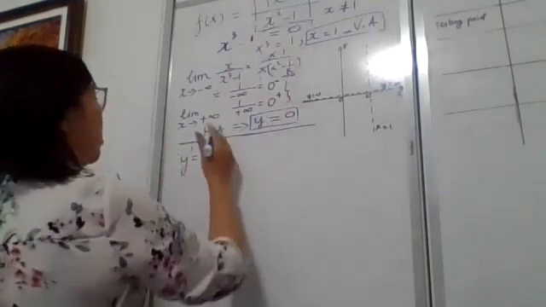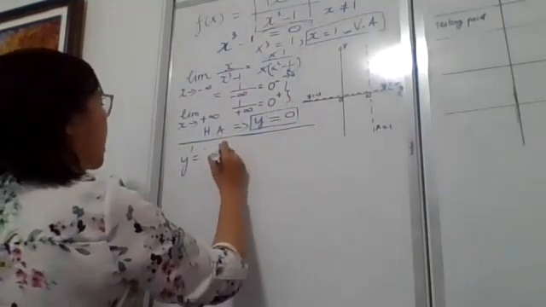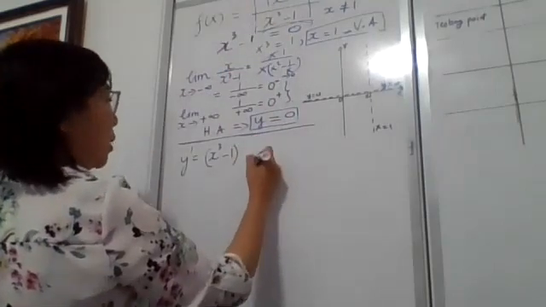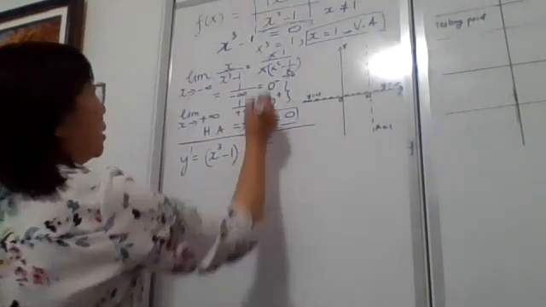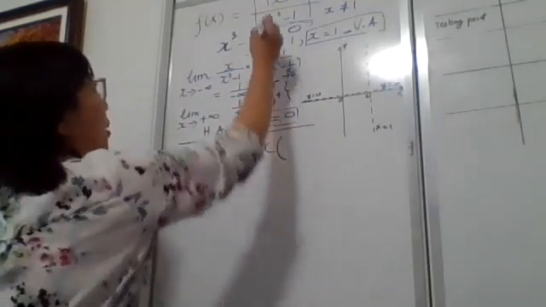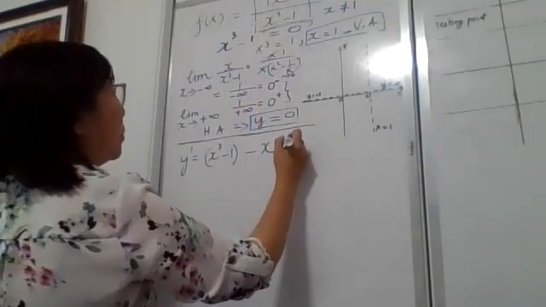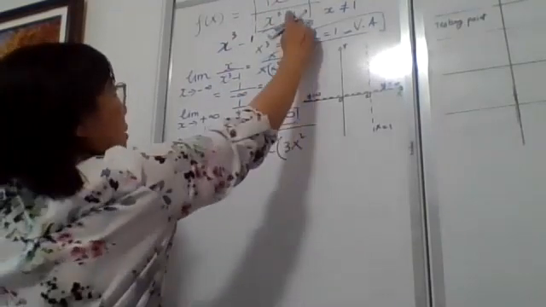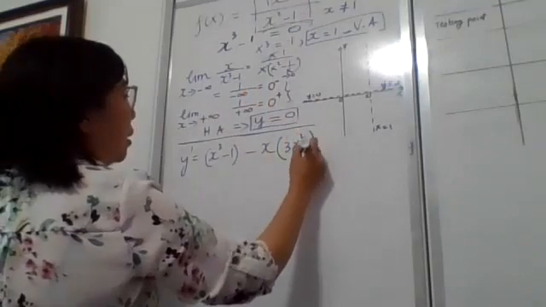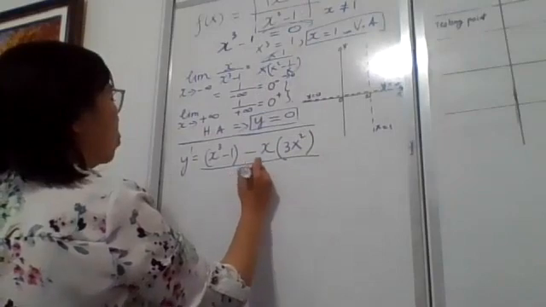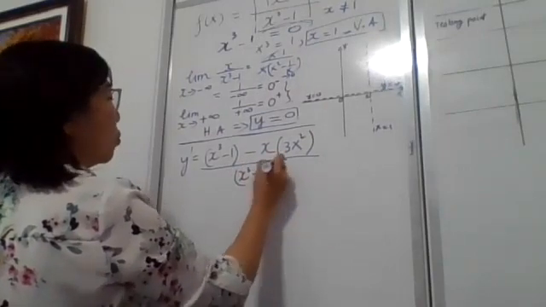We keep the denominator the same. Take the derivative of the first one, which is 1, minus, keep the numerator the same, times the derivative of the denominator, which is 3x squared, minus 0, constant. Now the bottom is x to the power 3 minus 1, all of it squared.